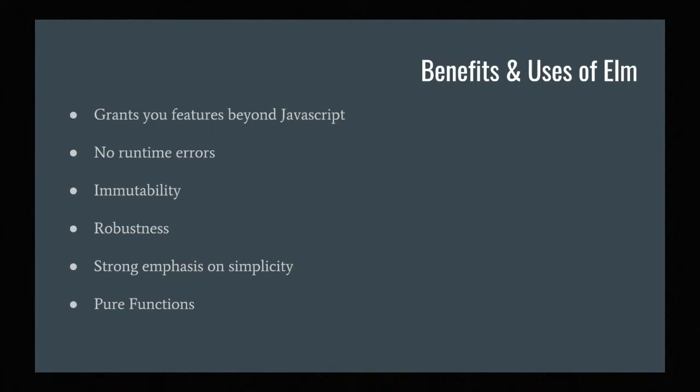So, these errors at compile time provide a high level of type safety, which can also be referred to as strong typing. And because Elm has a strong static type system, this is why Elm can boast that it has no runtime exceptions.